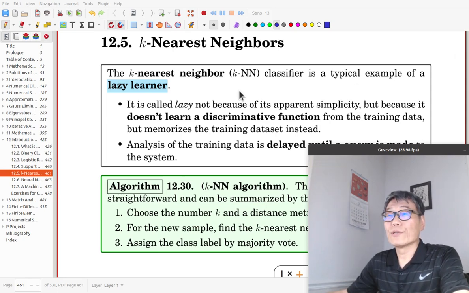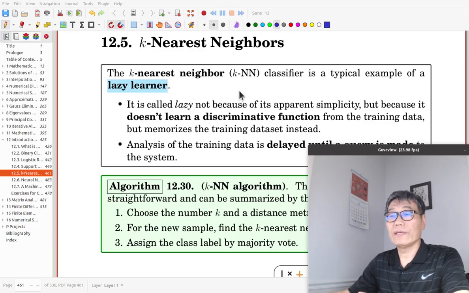In this section, we'll study a little bit different kind of classifier called the K nearest neighbors, KNN. KNN is a typical example of a lazy learner.